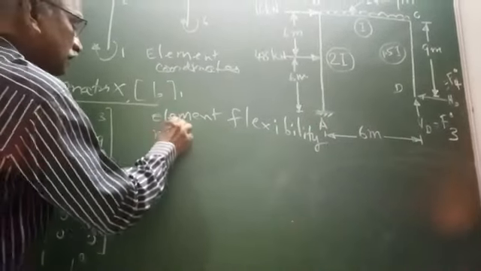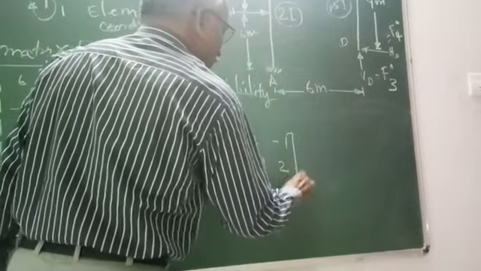Right. For element 1, alpha 1 is equal to L1 by 6 E I1 into, this is a standard matrix, already we have derived this, [2, -1; -1, 2].